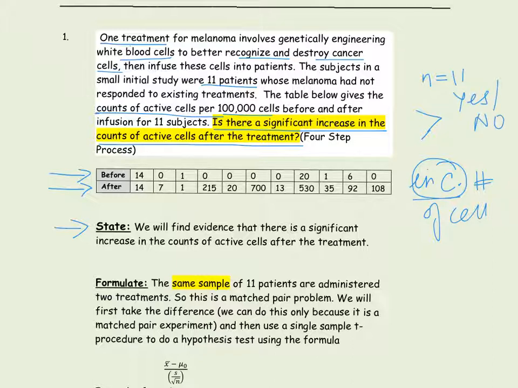Either way, you'll have to provide evidence, which makes it a hypothesis test. So we'll first find evidence that there is a significant increase in the counts of active cells after the treatment. That is the statement we have to make before we start thinking about how to solve the problem.